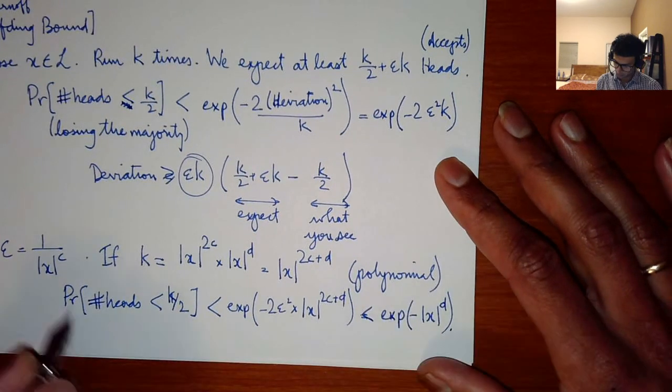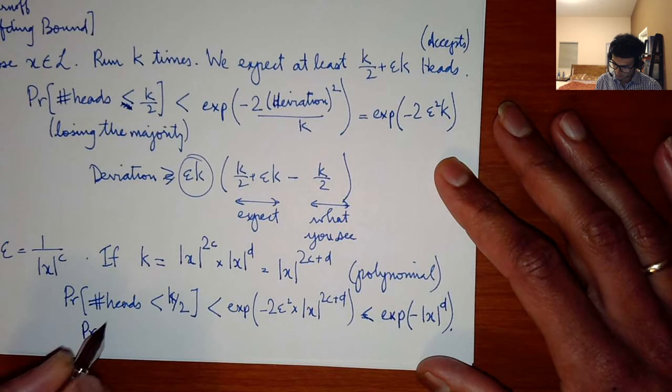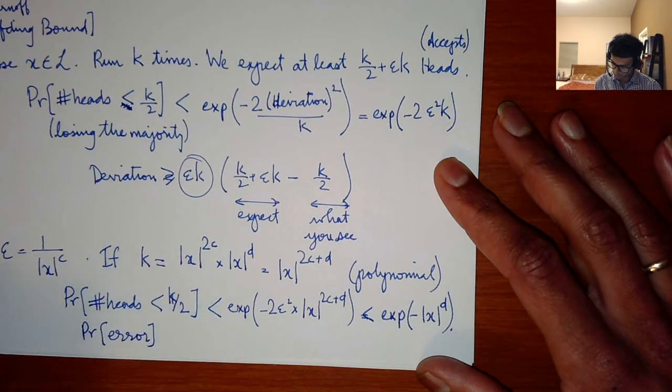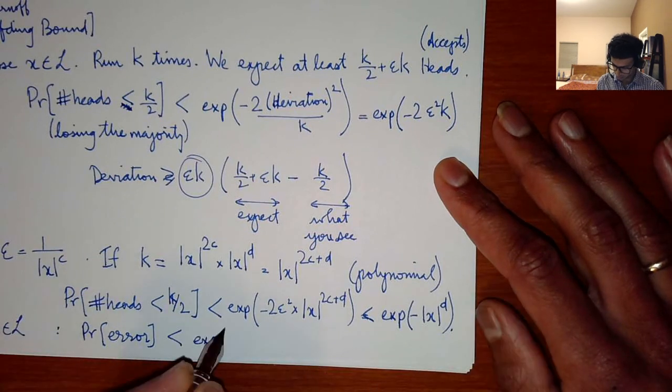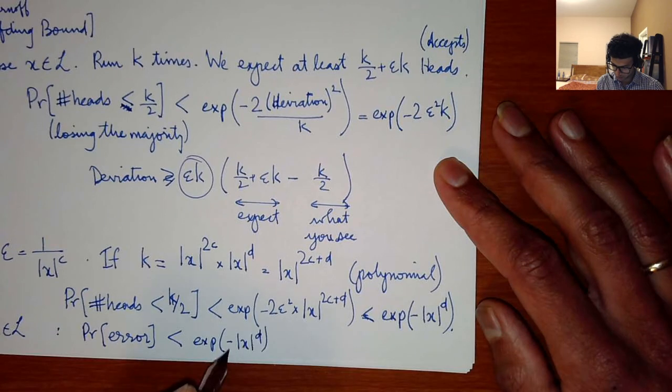So this is the probability of error. If x is in L, the probability of error is at most exponential in minus x to the d.